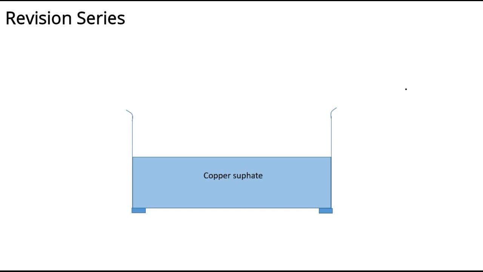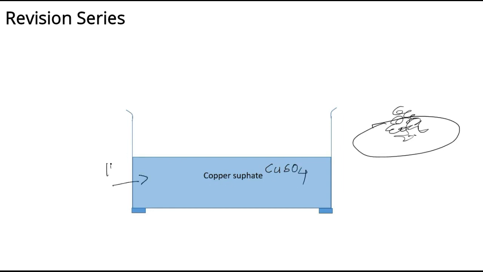And how can you get a copper sulphate solution? Copper sulphate is available in the form of powder. This is copper sulphate. So what you have to do is add some water into it and it becomes a copper sulphate solution, right? The moment you add a bit of water here, H2O, or add copper sulphate into water, it becomes a copper sulphate solution. Then you will find copper is split from sulphate.